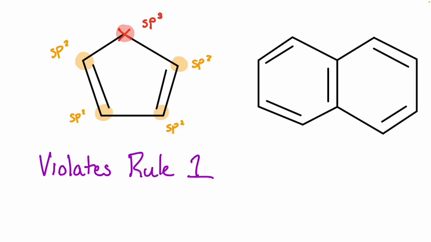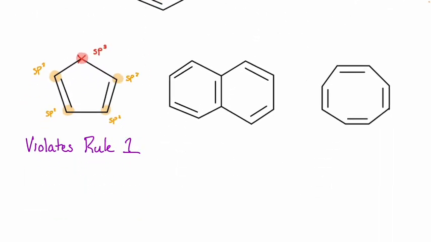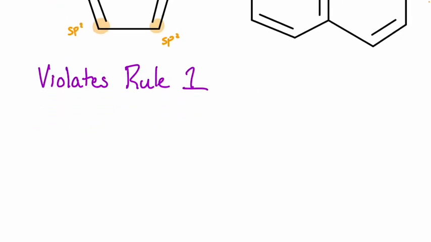Don't get me wrong, these are conjugated pi bonds, but we do not have a fully conjugated ring, right? We don't have every member of that ring sp2 hybridized, okay? So although this is a conjugated pi bond, it does not satisfy rule 1. If it violates rule 1, we have a special name for these compounds.